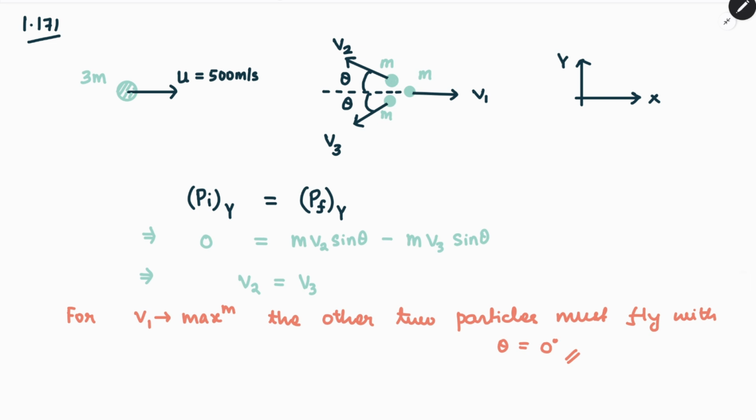Both the particles must be going towards the negative x direction so that v1 can be maximum.